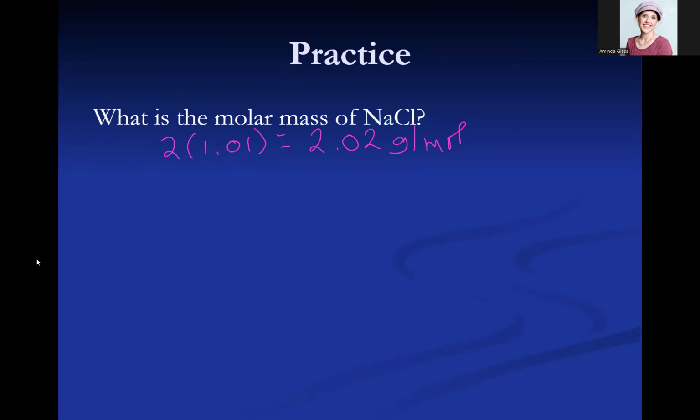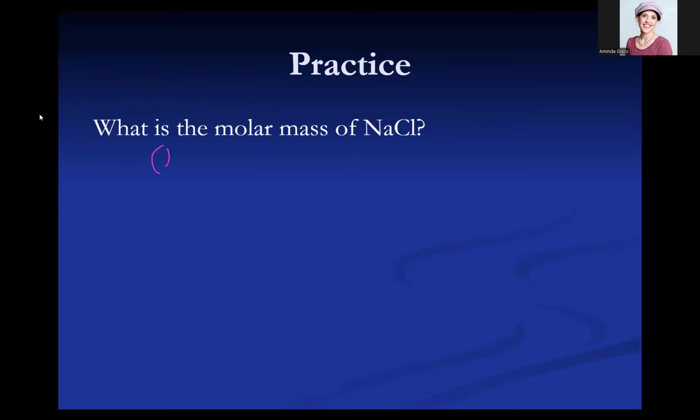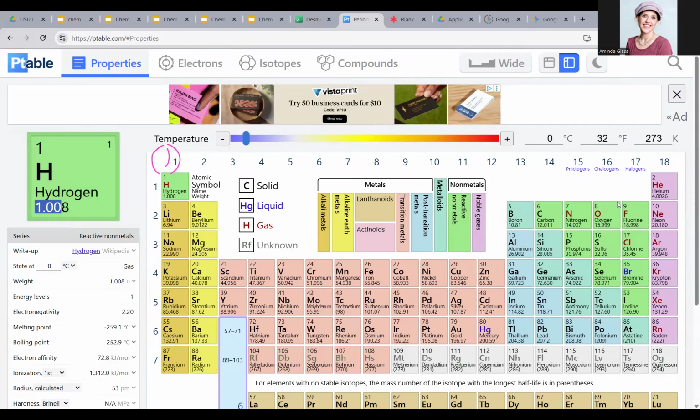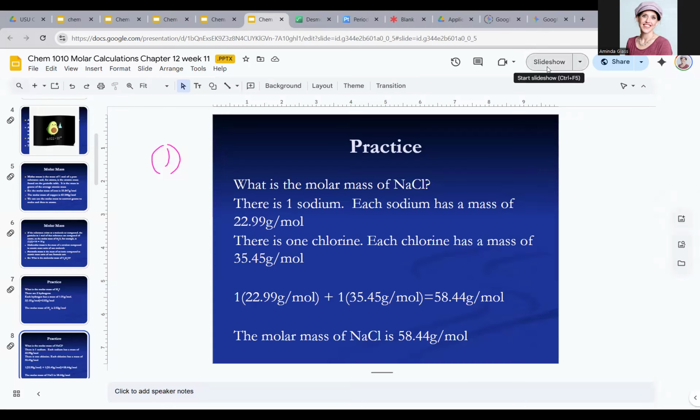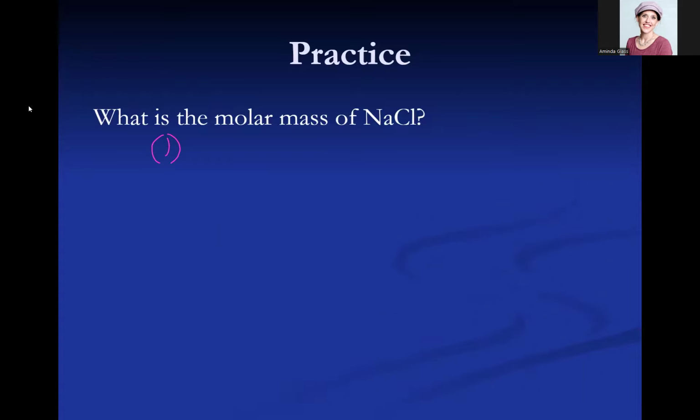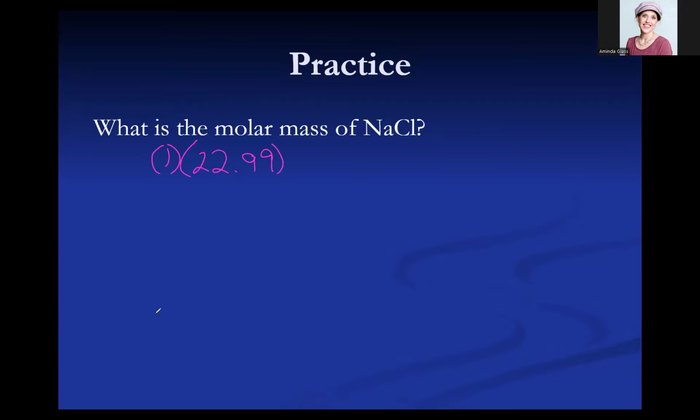We're going to do the same thing for sodium chloride. Well, we have 1 sodium. Let's look at our periodic table. Sodium has a mass of 22.99. Chlorine has a mass of 35.45. So we have 1 sodium times 22.99 plus 1 chlorine times 35.45.